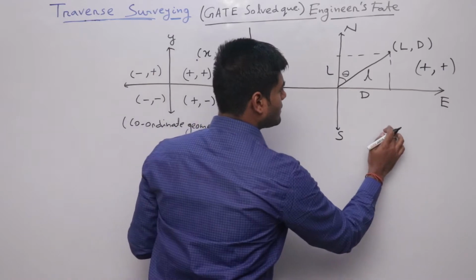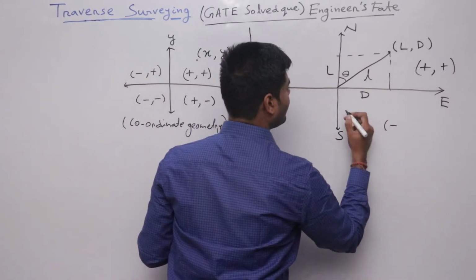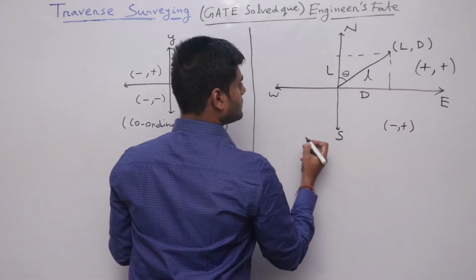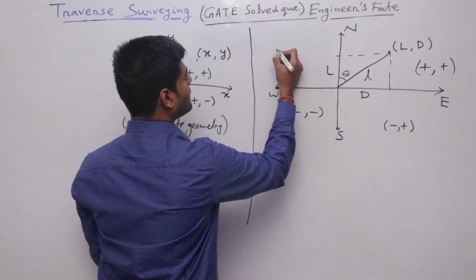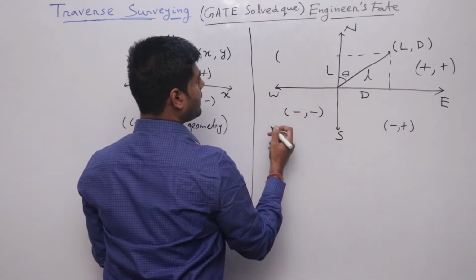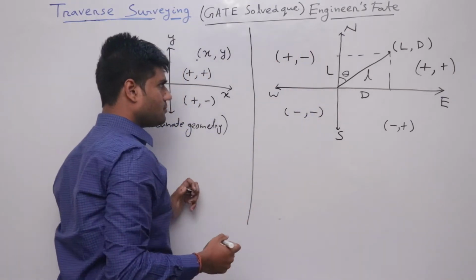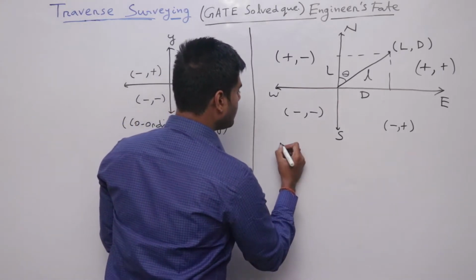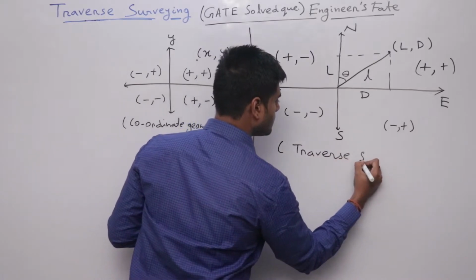This is the second quadrant: latitude is negative, departure is positive. These both are negative. In this case latitude is positive, departure is negative. I hope you have found the differences, and this is in traverse surveying.